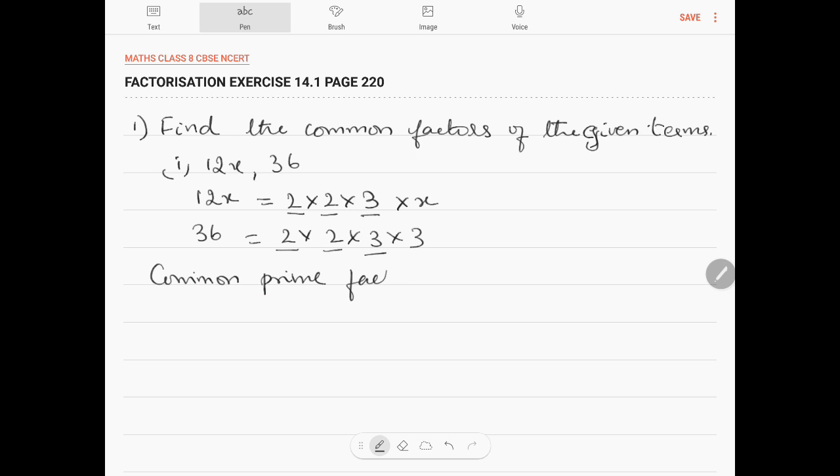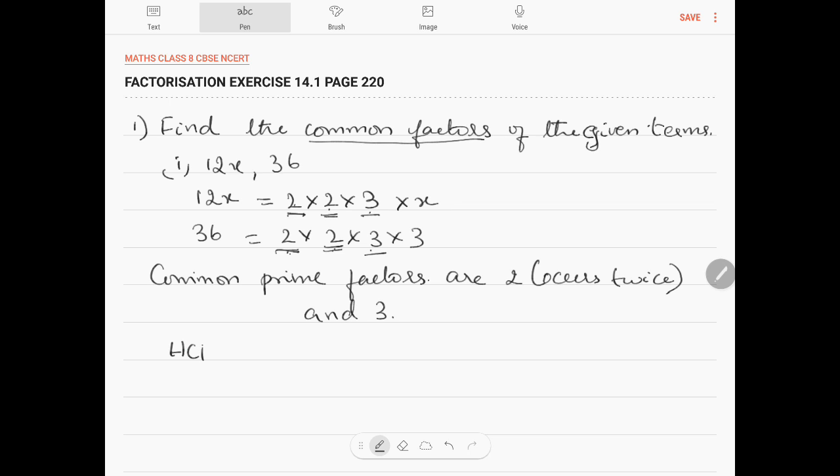So the common prime factors, because they have asked for common factors, are 2, which occurs twice, this is one time, this is the second time, and 3.